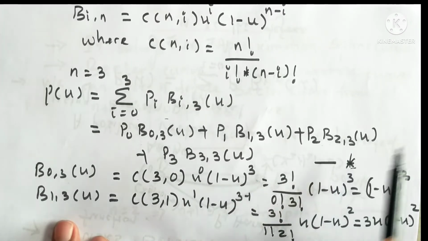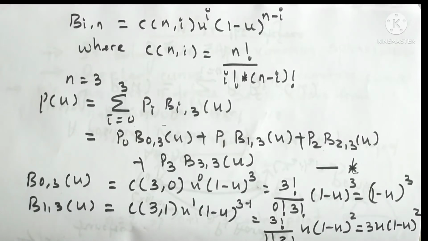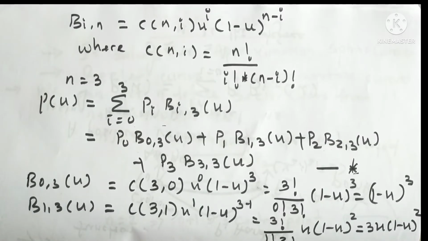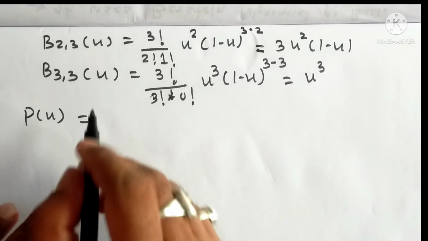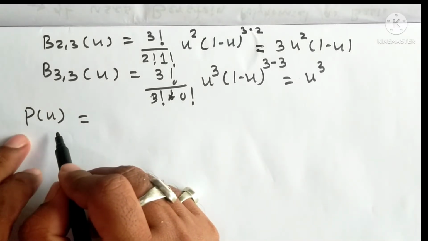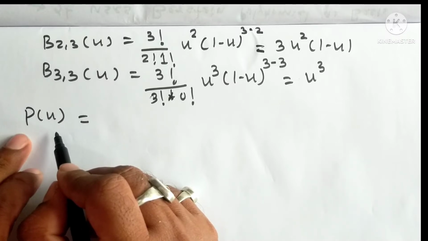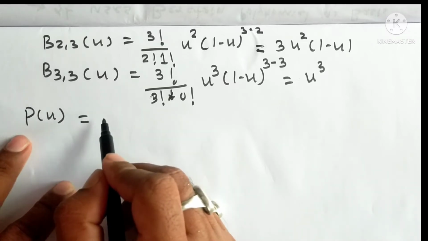Now we will get the complete position vector in terms of your basis function. Now, by substituting the values of B03, B13, B23, B33 of u in the equation marked with the star mark, which is meant for representing the position vector in terms of Bernstein polynomials.